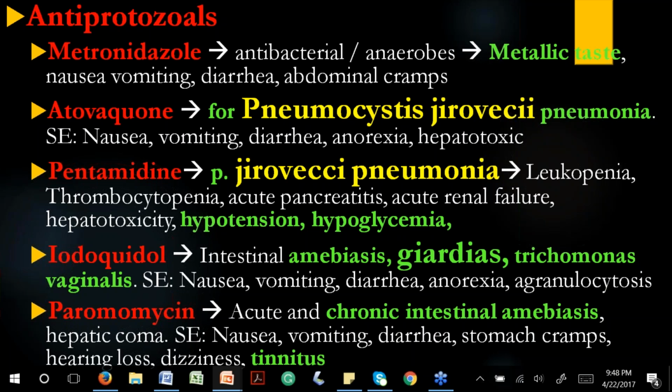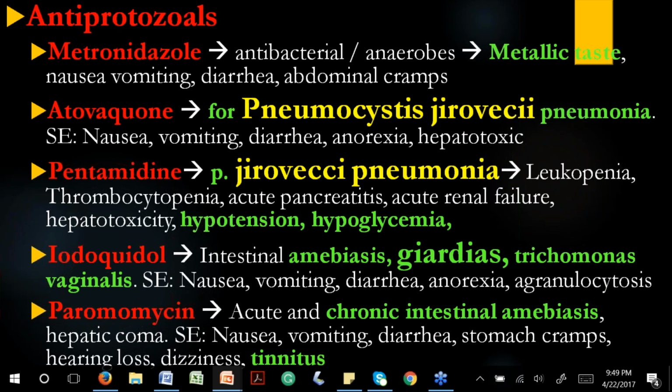That's why it's called antiprotozoal. We have Pneumocystis jirovecii pneumonia. Pneumocystis jirovecii is actually a fungus that mostly happens in HIV and AIDS patients.